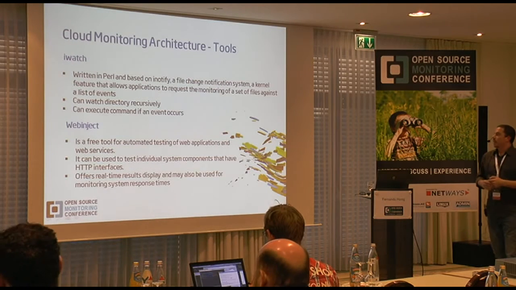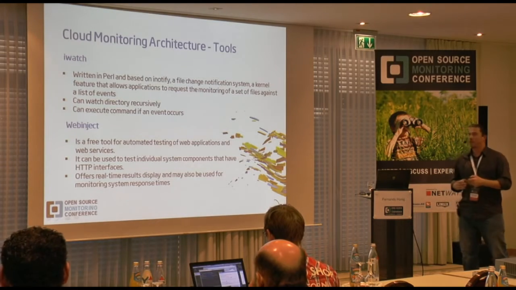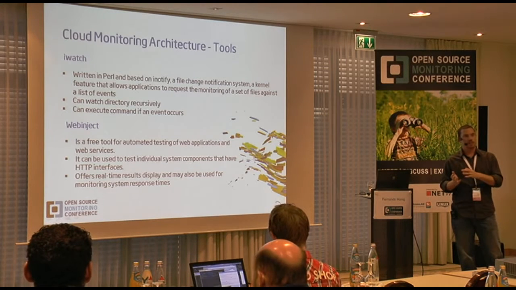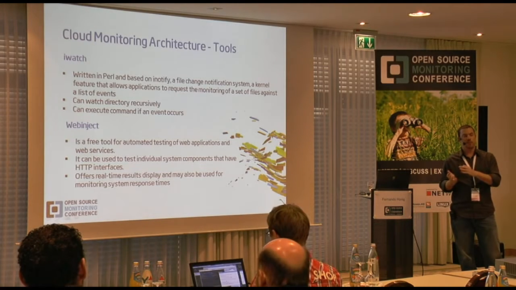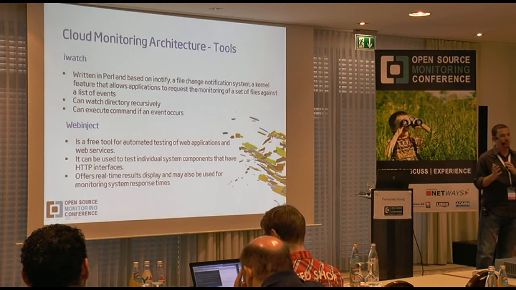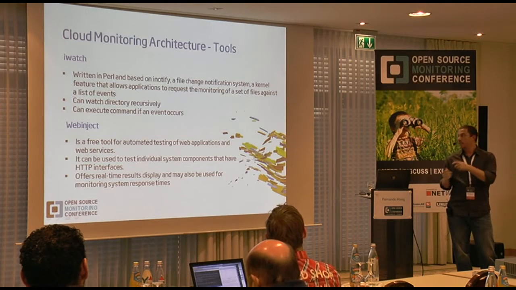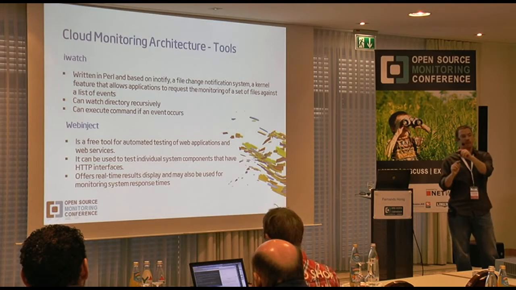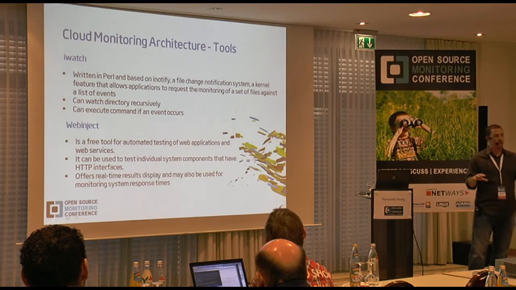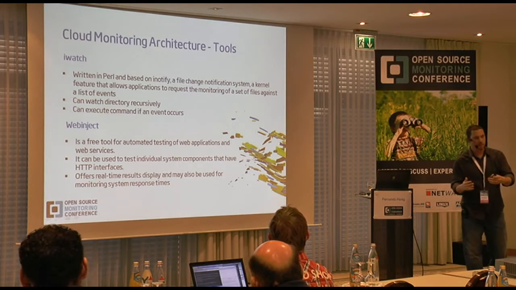The other thing is iWatch. iWatch is a file change notification system. What it does is let you configure a specific command to run once the file system that you are monitoring is changed. As I said before, we are putting a file in S3, then with a cron job we are downloading our files to Nagios, and you need to reload Nagios. No, you don't.